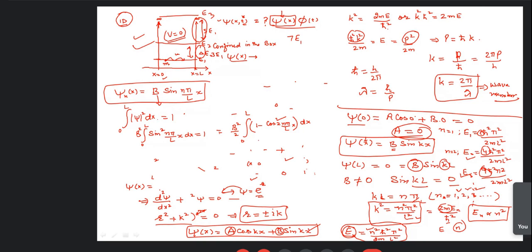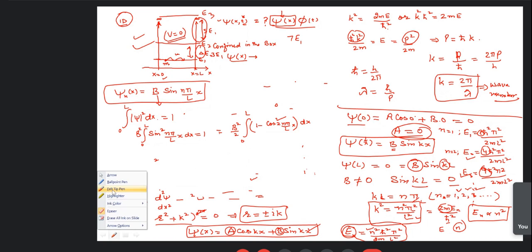So I can write this as b square over 2, and this is x with the limits from 0 to L, equal to 1.